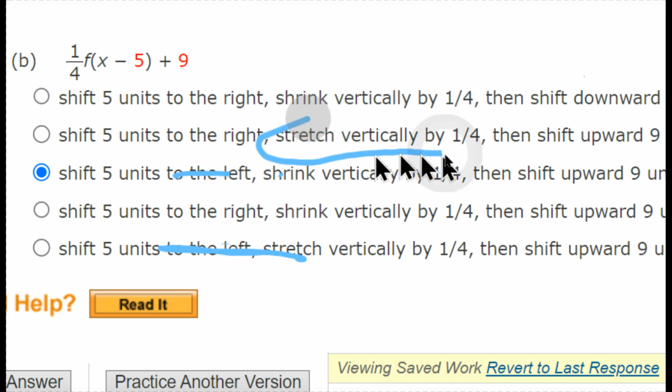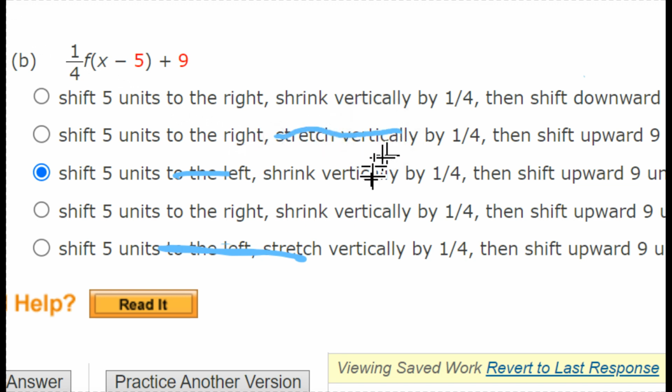It's either going to stretch by 1/4 or it's going to shrink to be 4 times smaller. Because if I shrink by 1/4, then that means I'm 4 times bigger. But I don't think that they were thinking about that when they wrote the question. I'm fairly confident they mean for you to say that it shrinks vertically by a 1/4. We'll see.